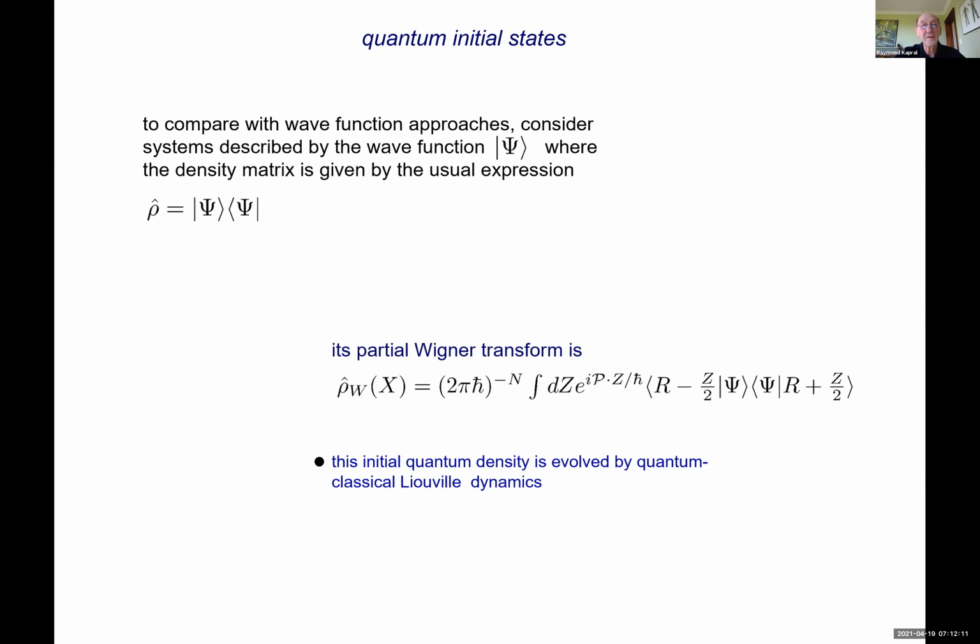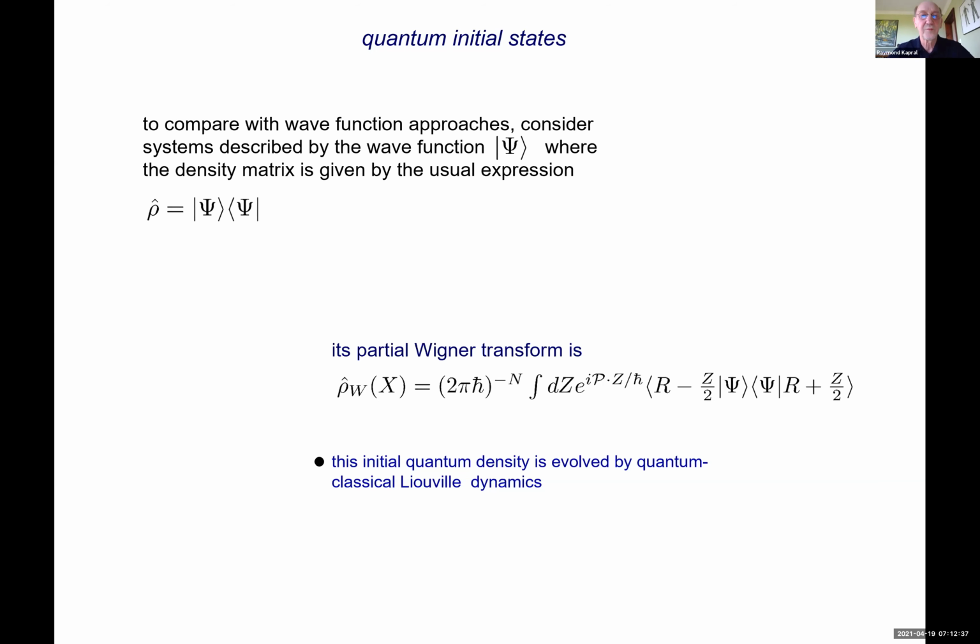Okay, so I'm going to be trying to compare with wave function approaches. And so far, we've been talking about approaches based on the density matrix, starting with the von Neumann equation. And so for the rest of the talk, I'm going to focus on systems where the entire quantum initial state is described by a wave function, not a mixed state.